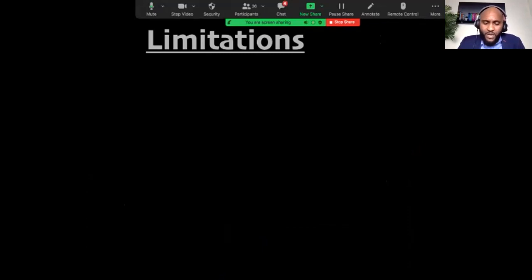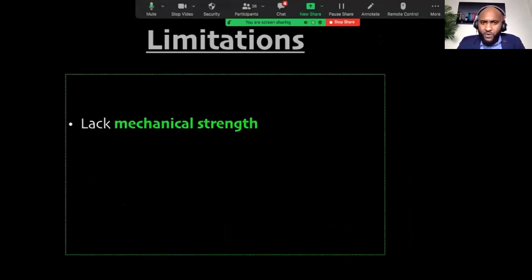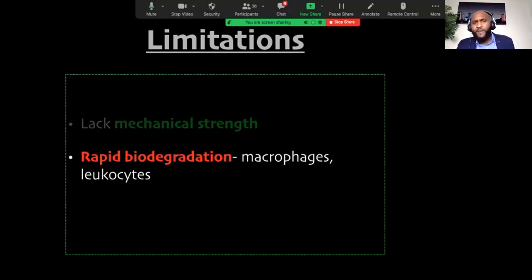Now, the drawback, however, of resorbable membranes is that they lack mechanical strength, unlike the non-resorbable membranes. So it's important to bear that in mind. They also tend to get biodegraded very fast. So sometimes if you're not careful, you could actually end up with the membrane resorbing way earlier than your bone.